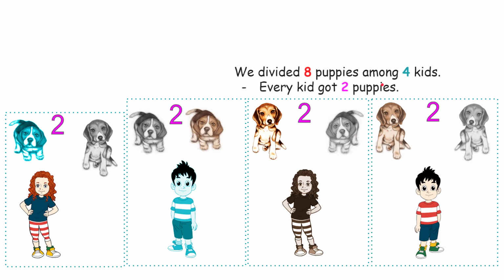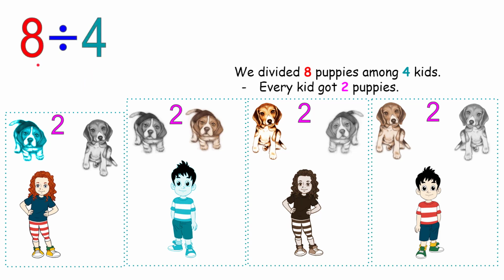Remember, we said it must be a fair distribution. So we divided 8 puppies among 4 kids. Every kid got 2 puppies. 2 puppies for this one, 2 for this one, 2 for this one, and 2 for this one. So this is a fair, an equal distribution, therefore probably correct.